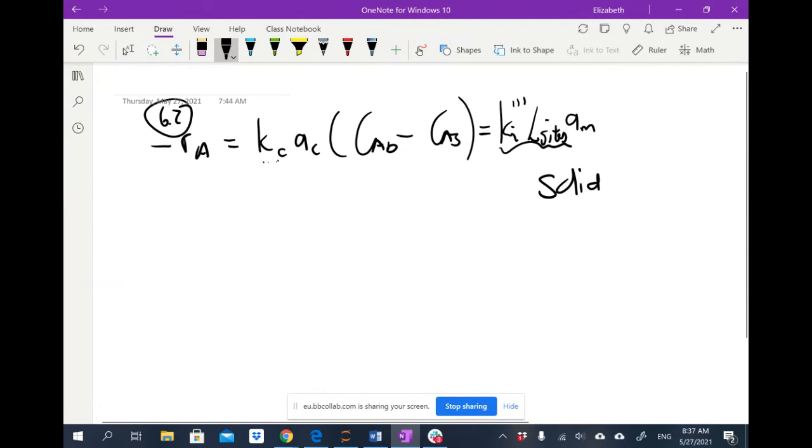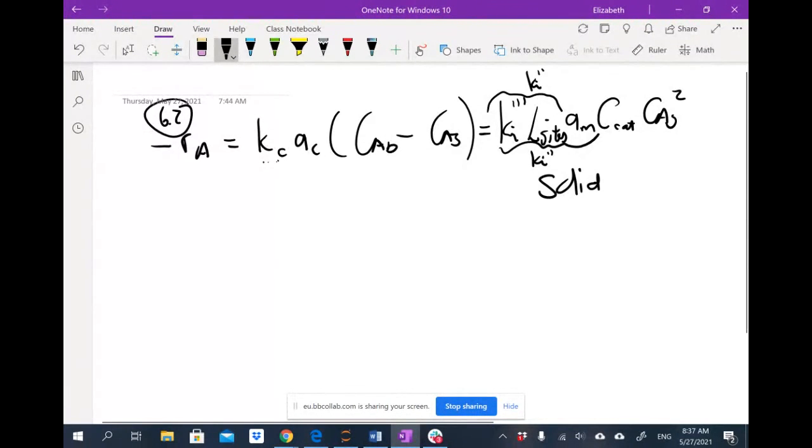So this will give me KI dash, right? KI dash. This, once again, will give me KI double dash, right? And now I want it to be on a volumetric basis. So for a CSTR, I have to multiply it by the amount of catalyst that is in my reactor. And then, of course, it is second order. So this is the concentration dependence.